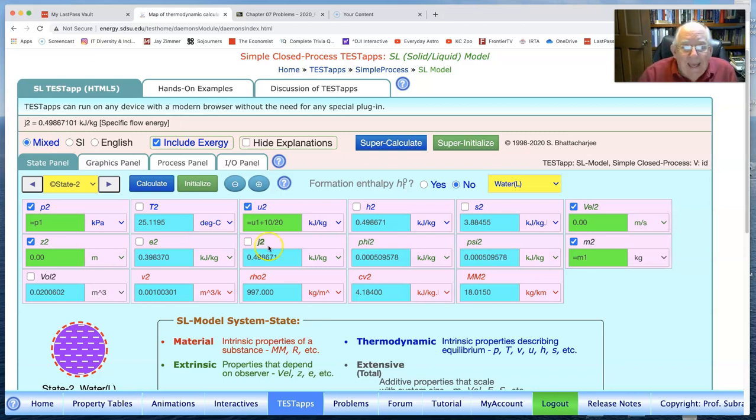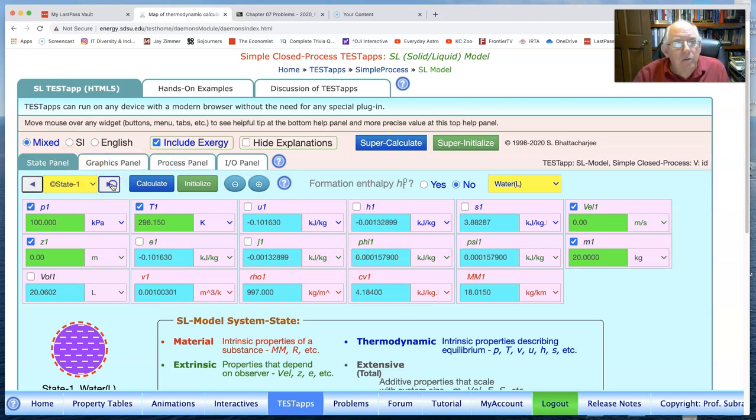We can also answer the third question, which is how much is the exergy within the system increasing? And so the exergy starts at 0.000157 and it goes up to 0.000509.